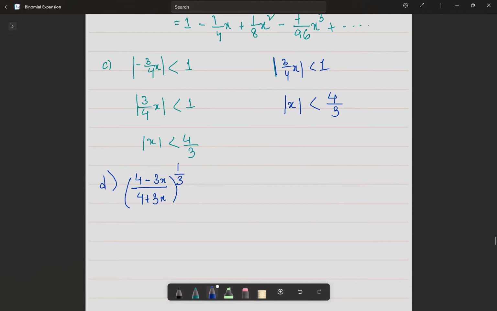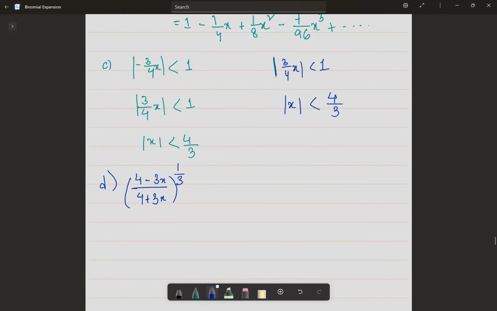Now, in order to expand, we know that we have to take everything to the numerator. So, if you take everything to the numerator, what will you get? You're supposed to get this raised to the power of 1 by 3 and then this one again raised to the power of 1 by 3. So there are two approaches to do this one.